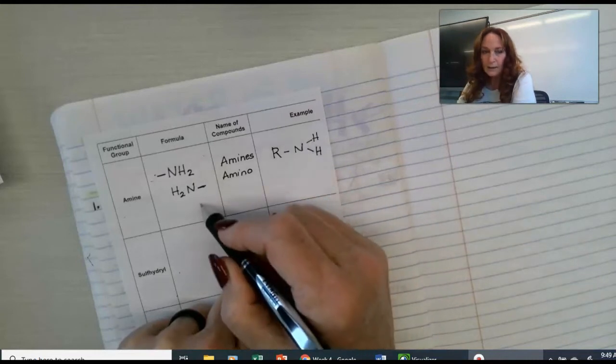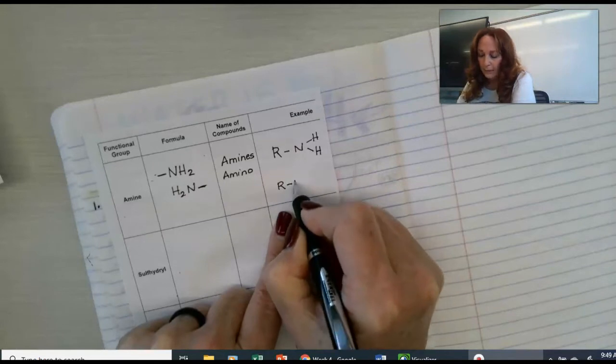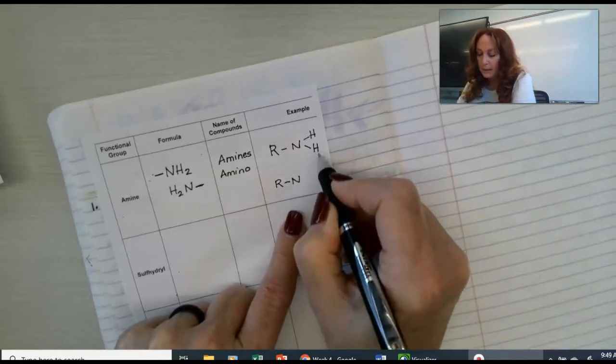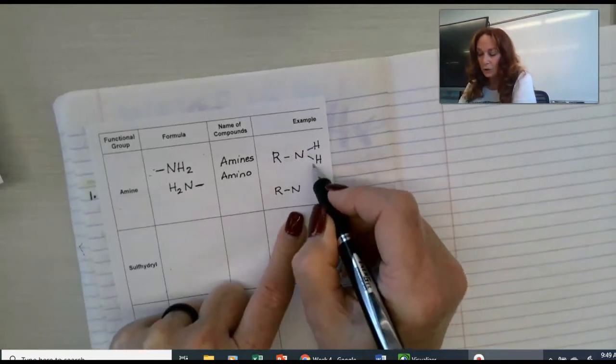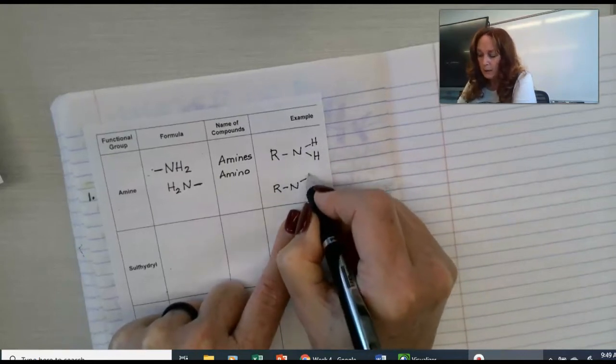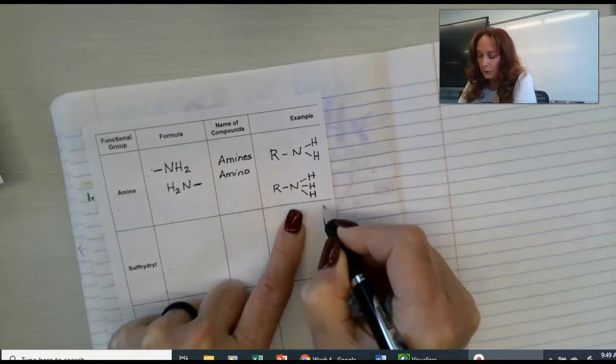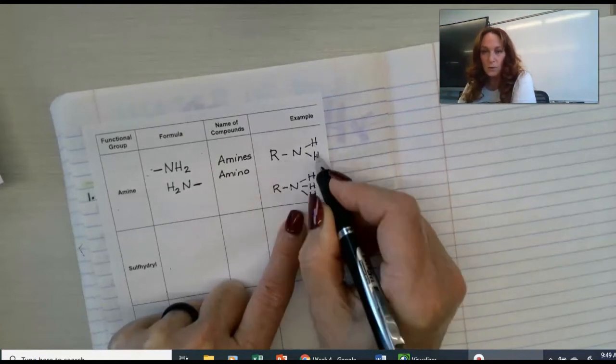If it's in the ionized form, you're still going to have the N, but instead of NH2, you're going to have NH3. So you're going to have an ammonium, but it still is considered to be just the ionized form of an amine group.